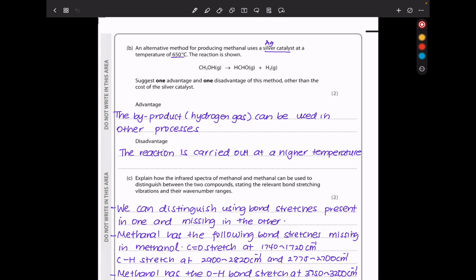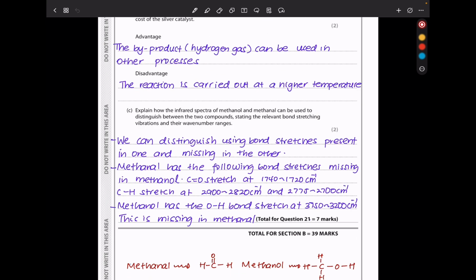Here the advantage is hydrogen is produced as a byproduct and this could be useful in other processes, but the disadvantage is it has to be carried out at a higher temperature, which is 650 degrees, and this requires a lot of energy. Then in part C, they say explain how the infrared spectra of methanol and methanol can be used to distinguish between the two compounds.